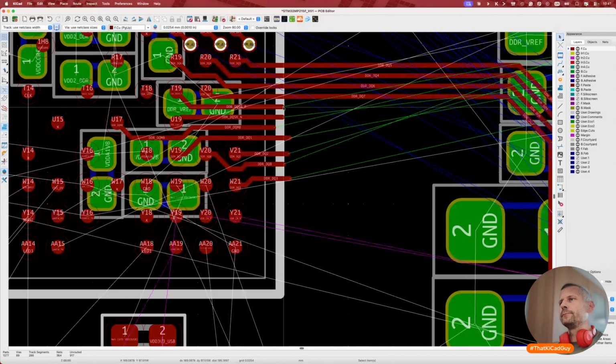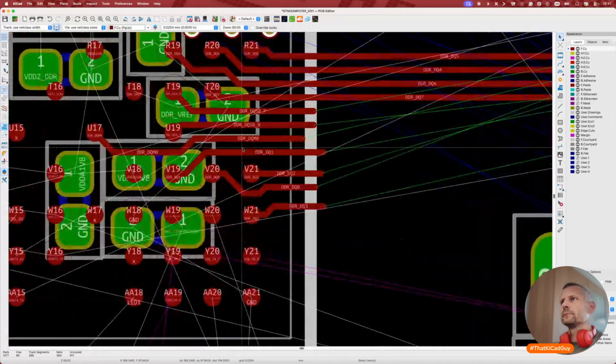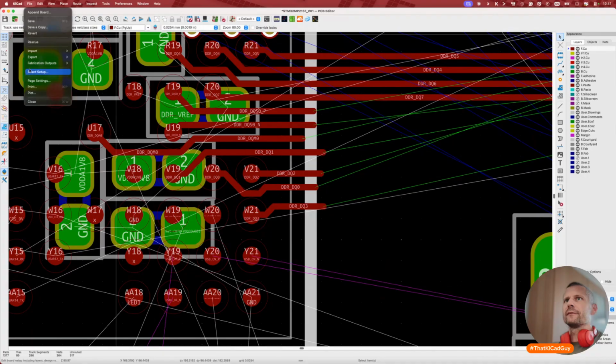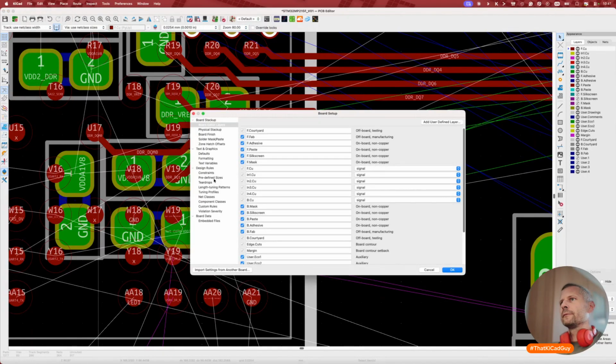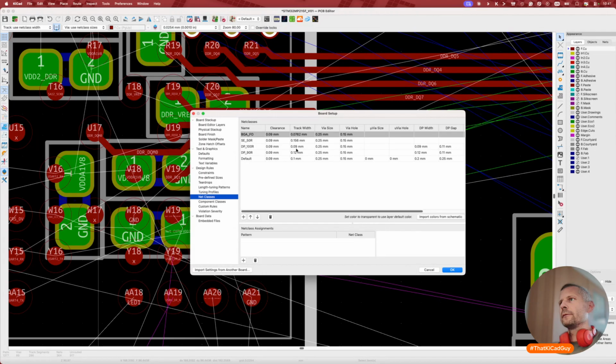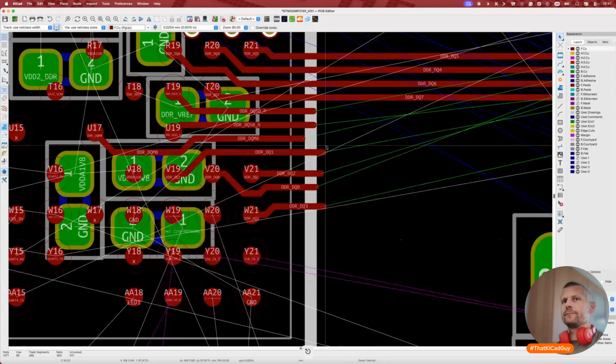The pair has a different track width, yes, and different clearance, so I can't route the pairs like that.